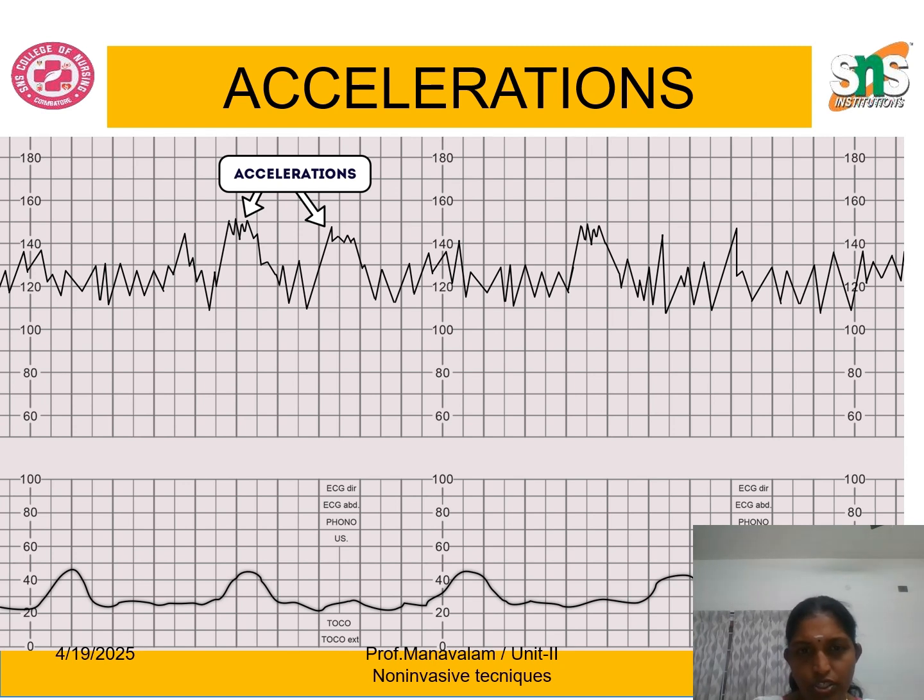It increases from 120 to 145 or 150 beats per minute. The variation must be 15 beats per minute and it must remain for 15 seconds. Then it indicates acceleration.